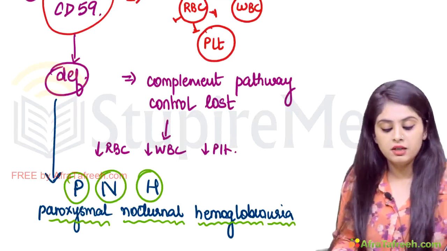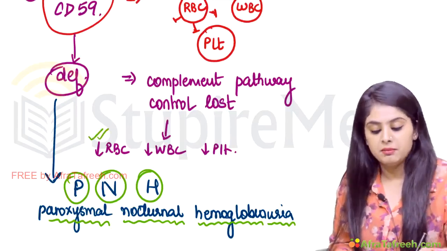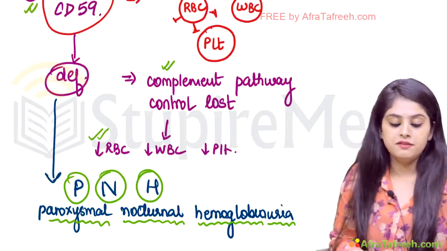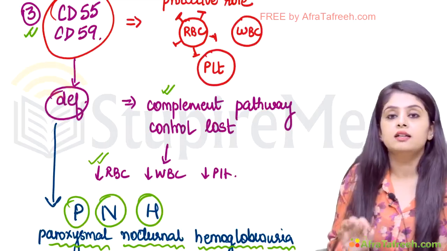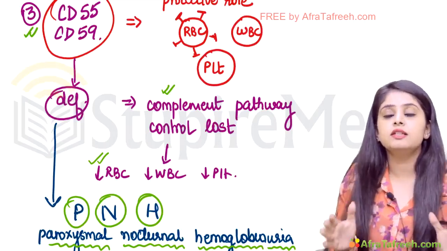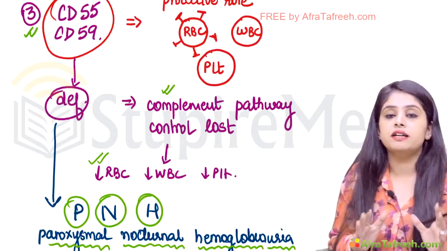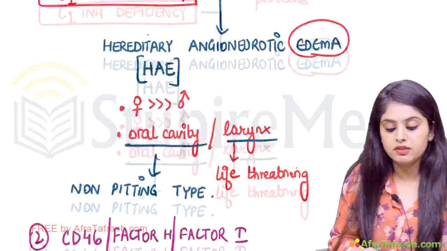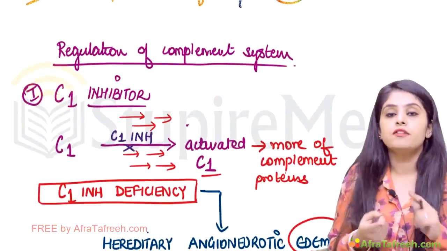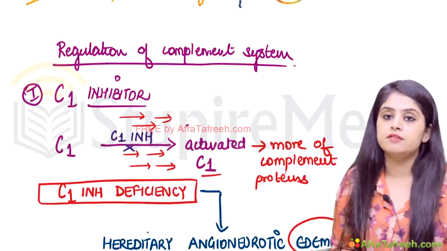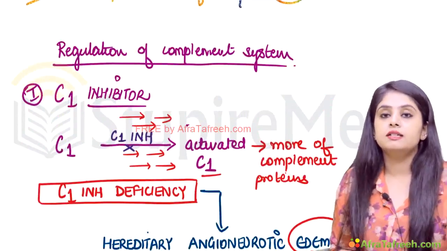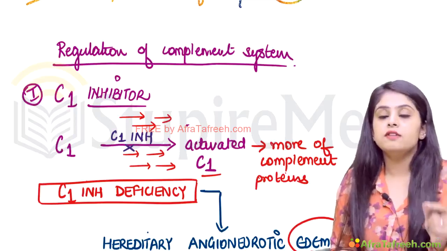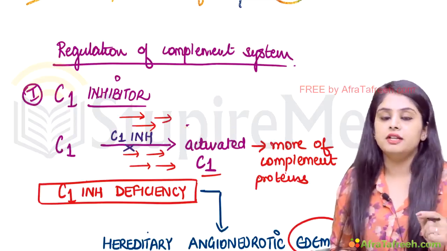And why is that happening? Because RBC breakdown is happening by the complement pathway. Why? Because the protectors, that is CD55 and CD59, are deficient. So these are the three main points that were regulating our complement system, and I wish to recall these because these are favorite with the examiners. The first one was C1 inhibitor deficiency, resulting in hereditary angioneurotic edema, a non-pitting edema which, if involves the larynx, is life-threatening.